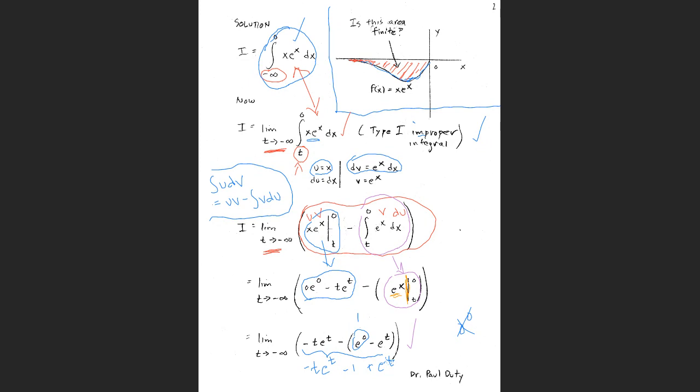Franklin, the reason we changed to t: this here is our improper integral. But all our integration techniques are based on proper integrals, where the left and right limits of the integral are finite numbers. So what I do is I replace that negative infinity there with a t.